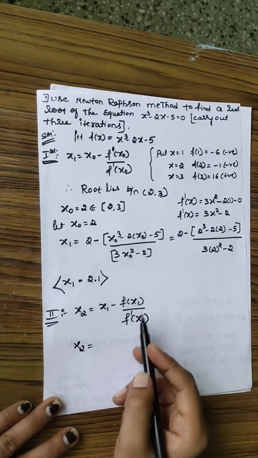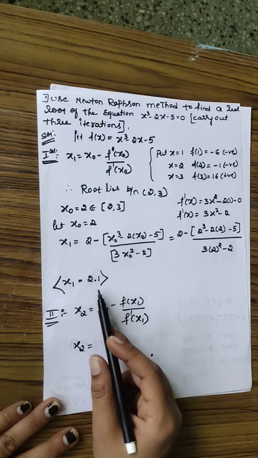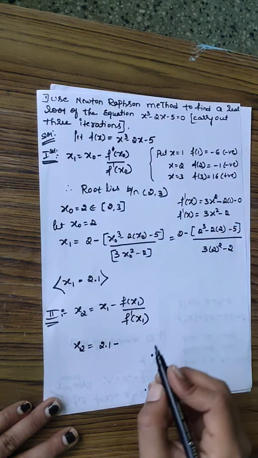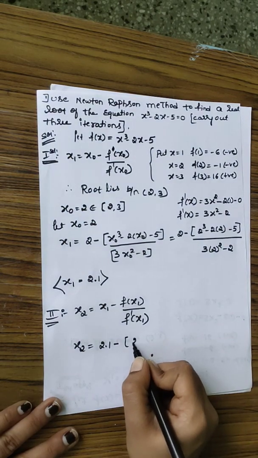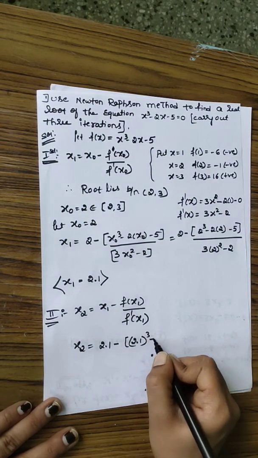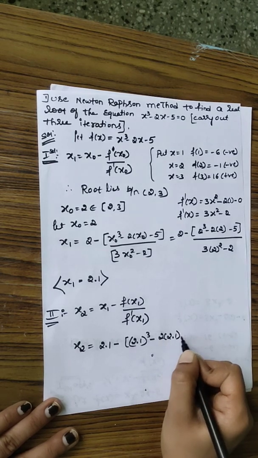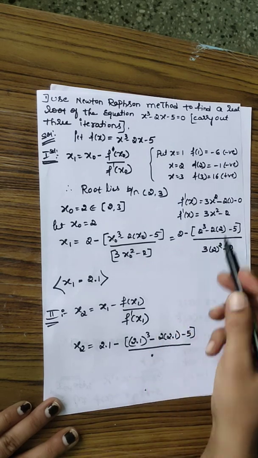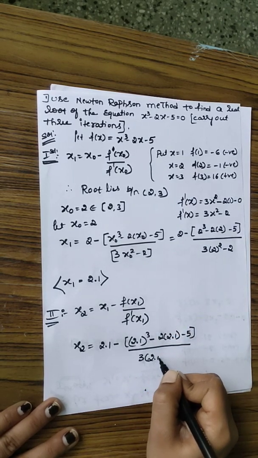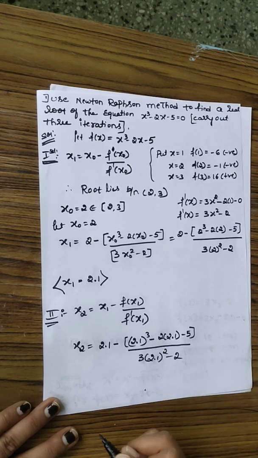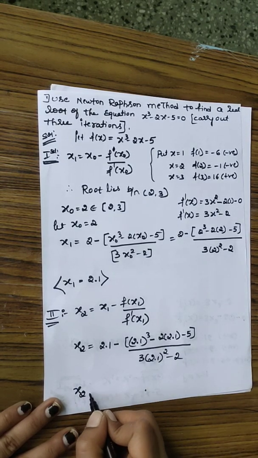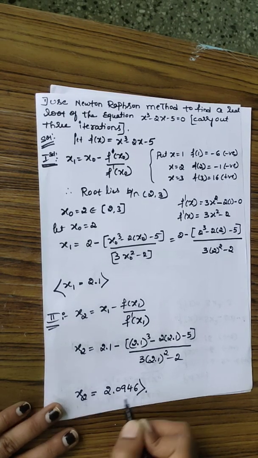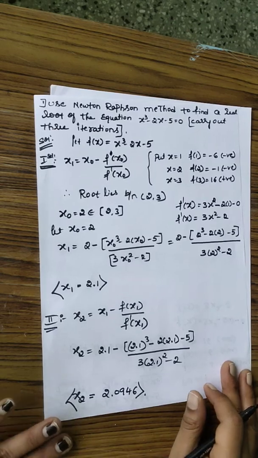We know the value of x1, the previous value: x1 is 2.1 minus f of x1, again using the given equation, 2.1 whole cube minus 2 into 2.1 minus 5, whole divided by f dash of x1, the derivative value, 3 into 2.1 whole square minus 2. Simplify this, we get x2 equal to 2.0946. This is the value of the second iteration.